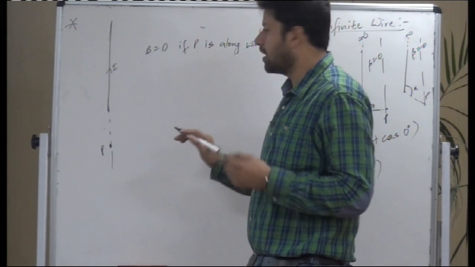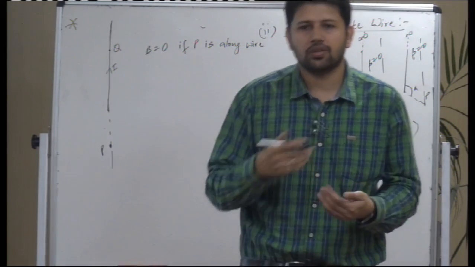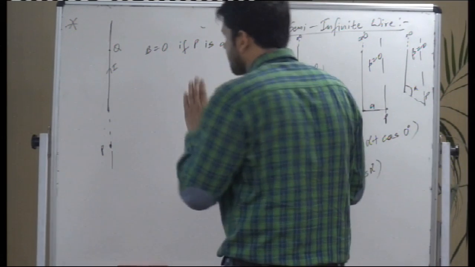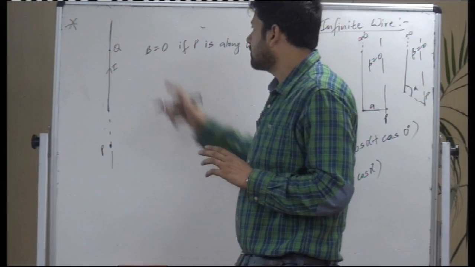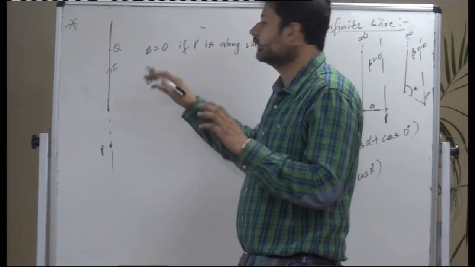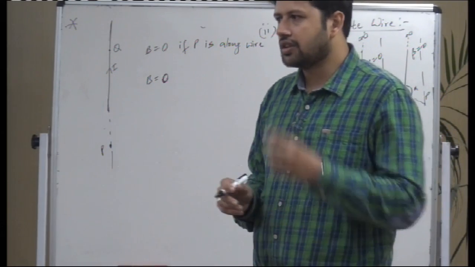Important point. Another point: if the point where you want to calculate the field is on the wire itself, the wire being totally thin, for this point also we take B as 0. This is a convention.